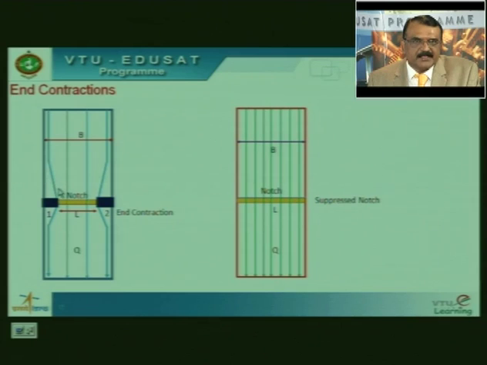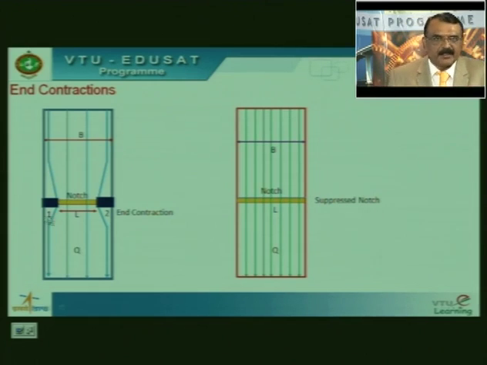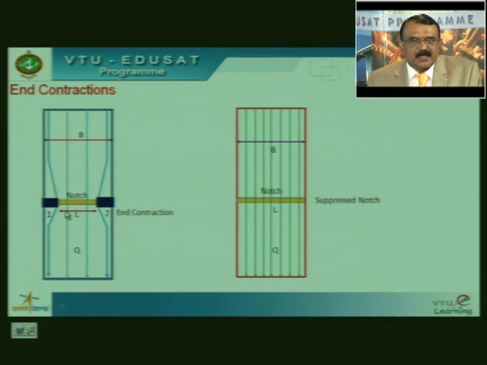When they come to this, they change their path, and since this is an opening, they start moving towards it, and after passing through, they again divert. In this case, since the length of the notch is not equal to the width of the channel, we talk about what is known as end contractions. I repeat, when the length of the notch is not equal to the width of the channel, then we have end contractions.